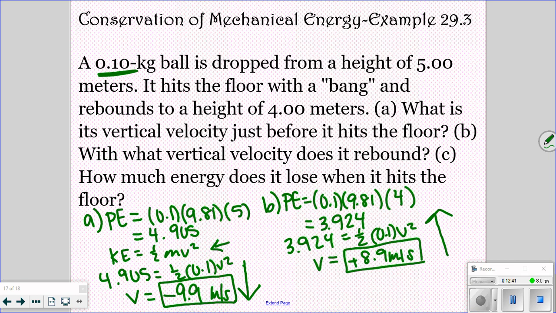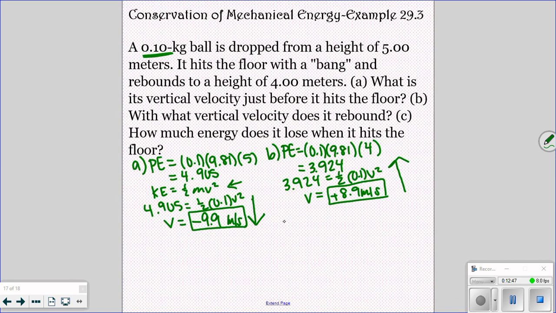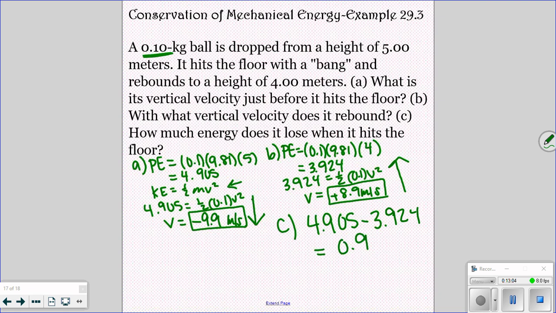And then how much energy does it lose when it hits the floor? Before it hit the floor, it had potential energy of 4.905. After it hit the floor, the potential energy was 3.924. If you subtract those, it's a difference of 0.981 joules.